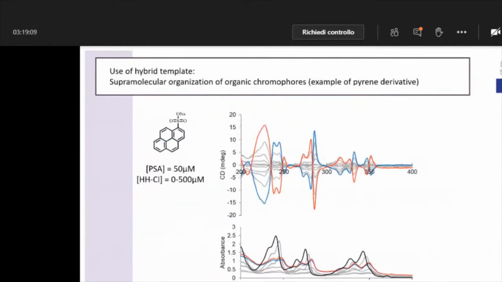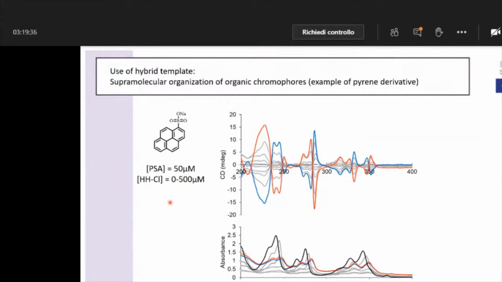Once again, we wanted to go to organic chromophores because it would allow us to use a wide range of wavelengths. So if you put another pyrene derivative, for example, in the presence of the helices, then, for all these graphs, the concentration of pyrene is always the same, 60 micromolar.